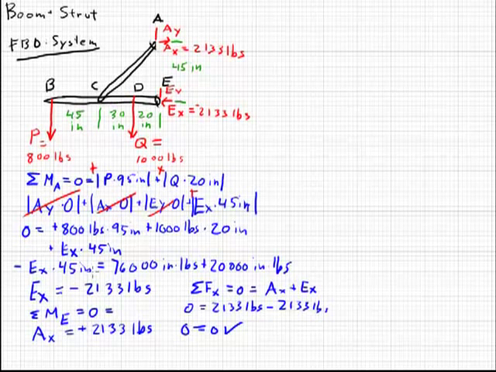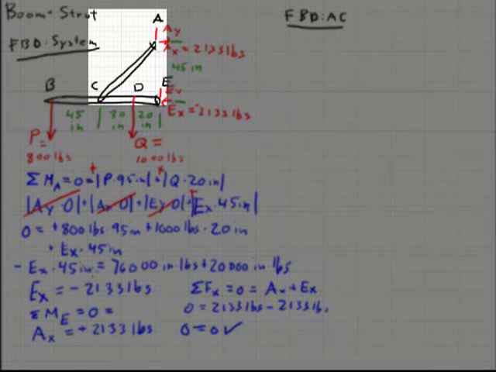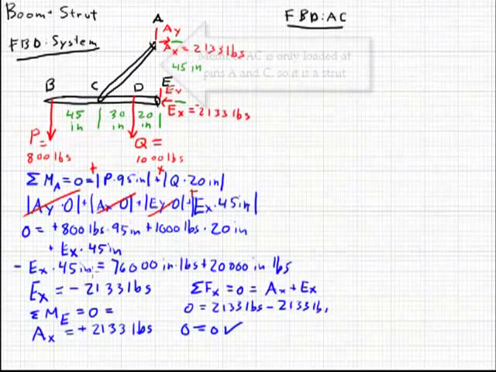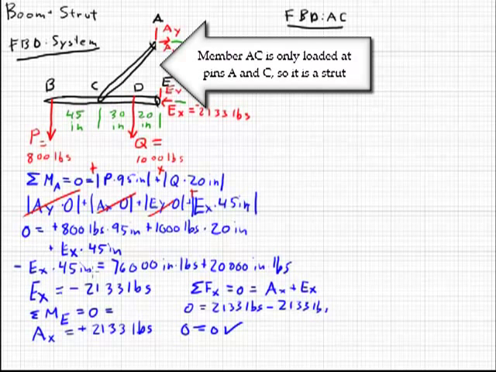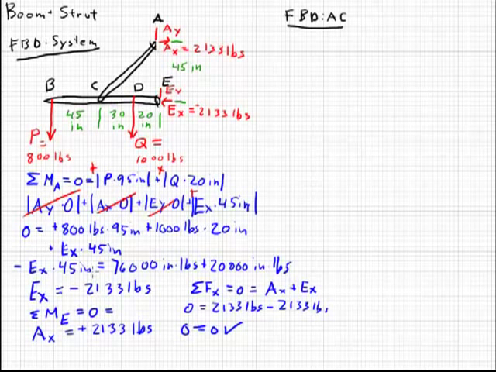AC is a strut, and for a strut, we are in luck. A strut is a member that's only loaded in two locations. If it's only loaded in those two locations, the strut is not in bending, and its force goes along the geometry in the same direction as the geometry of the strut itself.